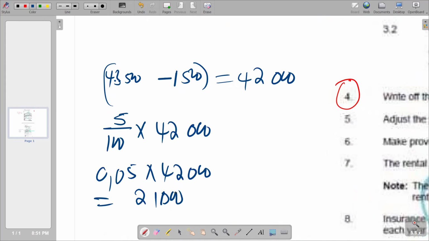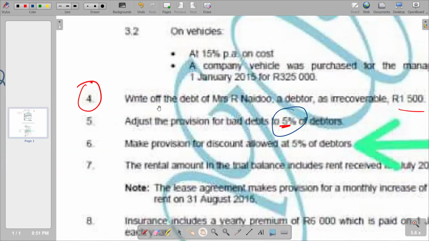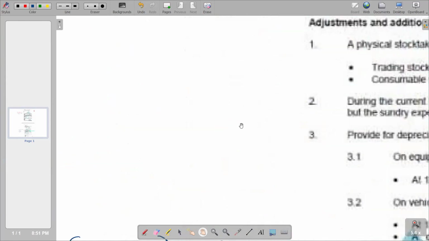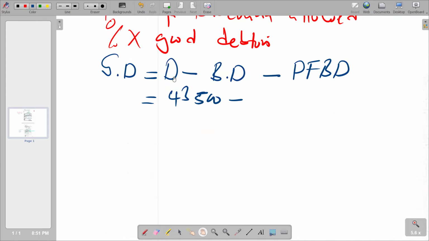So already you now have the figure for the level of provision for bad debts, and then you also have the further debts that are going to be written off as 1,500. So you can now substitute into the formula that we formulated at the beginning, whereby we are saying debtors minus bad debts minus provision for bad debts. The bad debts figure that we got is 1,500, given in the additional information, whereas the provision that we calculated is 2,100.